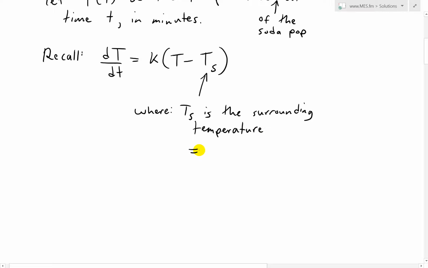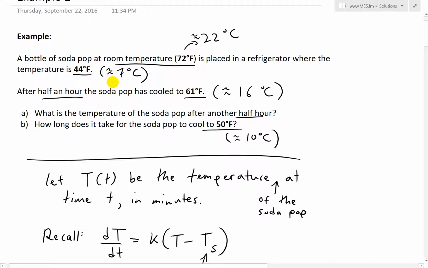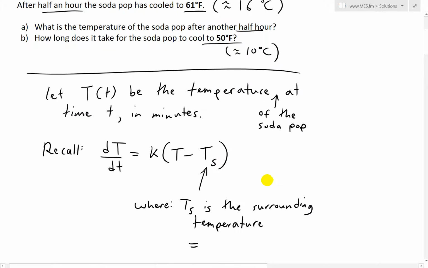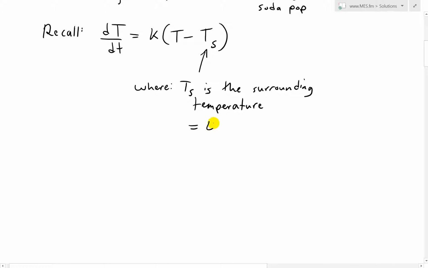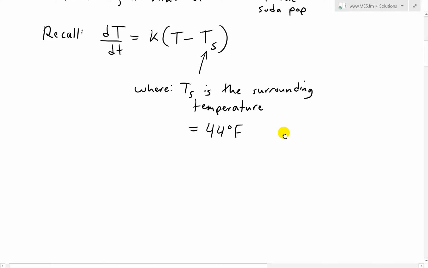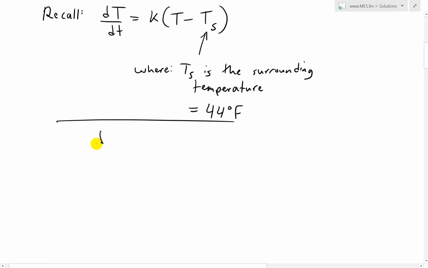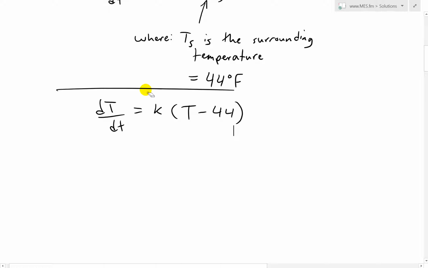We want to model the soda pop temperature, so the surrounding temperature is 44, and we'll just assume it's always 44 degrees Fahrenheit, or roughly 7 degrees Celsius. Thus our differential equation becomes dT over dt equals k times (T minus 44).